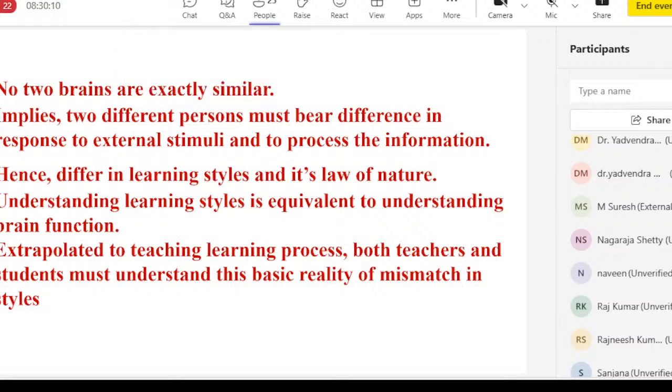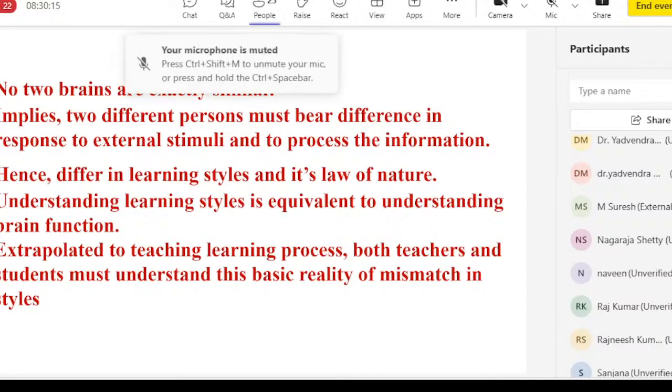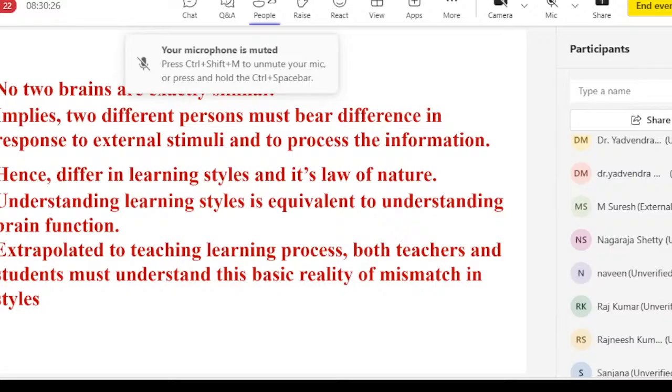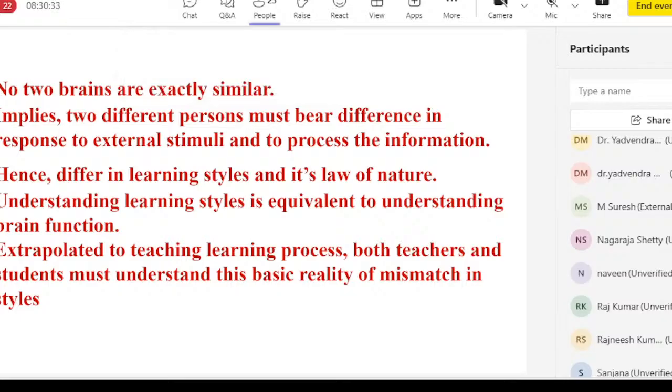So whenever you extrapolate this concept to the teaching and learning processes, both teachers and students must understand this thing, because if I understand and you do not understand, then there will always be a mismatch. If I have to modify by seeing you, you have to modify also by seeing me. So you have to also study what is my teaching style. So unless this thing is married, the marriage can be organized between these two things.